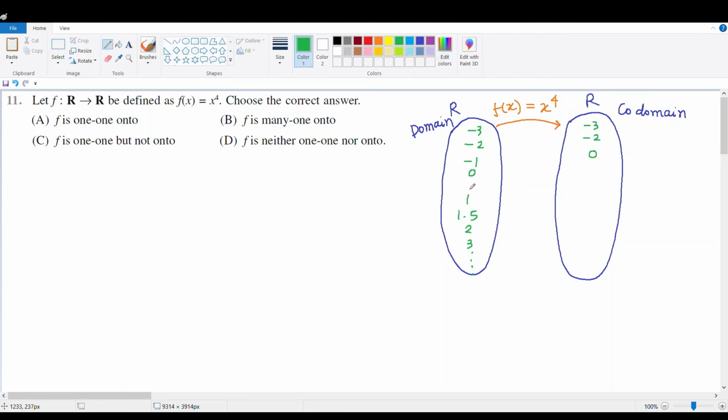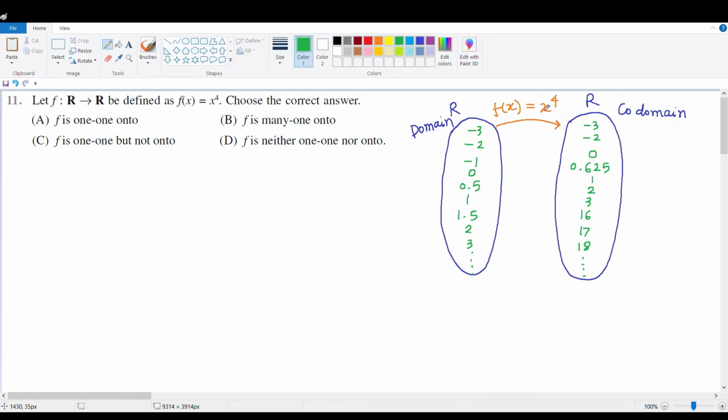So 0.5, 0, 0.625, then 1, 2, 3, 16, 17, 18, and it keeps on going. Every real number, every rational, irrational, whatever number you can think of, it's there in the domain, it's there in the codomain.